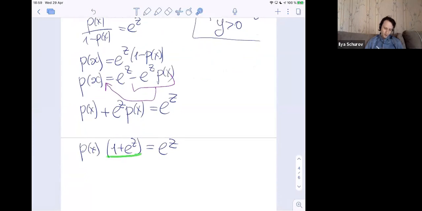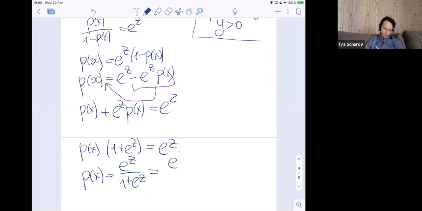Then I divide everything by this thing. Then I can divide both parts of this fraction by e to the power z.